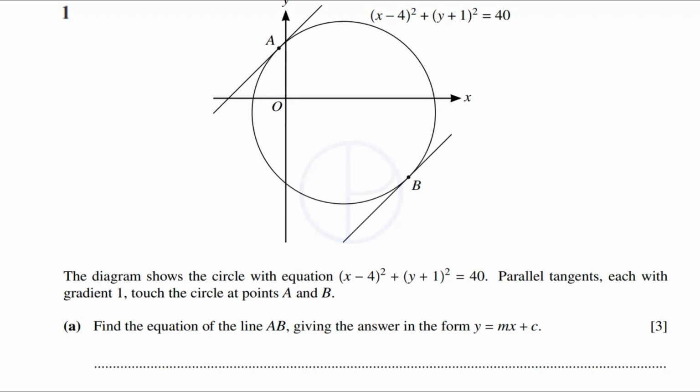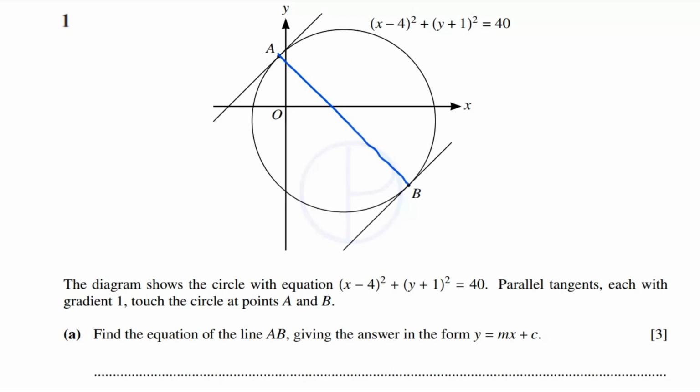So the tangents' gradients are given as 1. Let's join the points A and B. The angle between the tangent and the radius is 90 degrees. So the tangent and this radius line, this diameter, are perpendicular. So the gradient of the tangent is 1, so the gradient of the line AB will be negative 1.